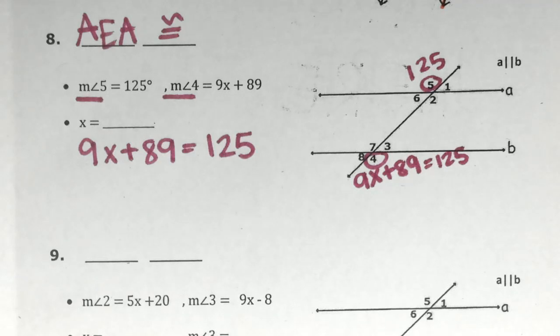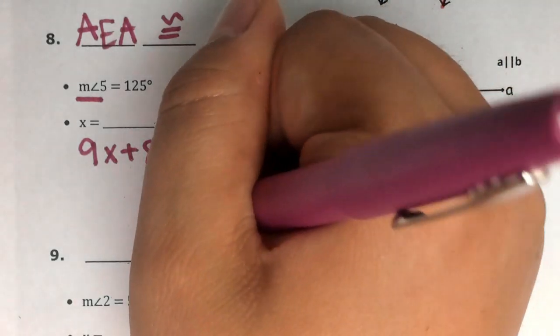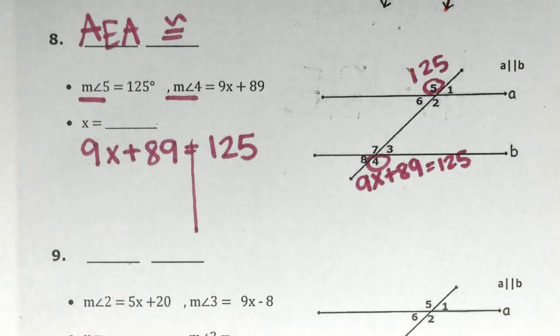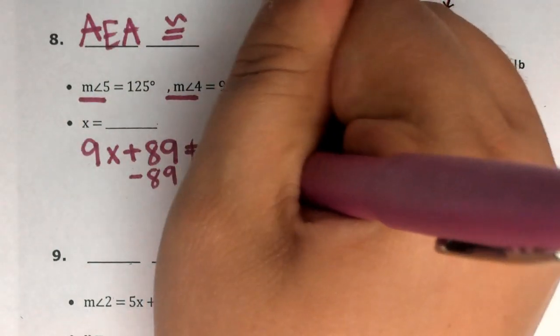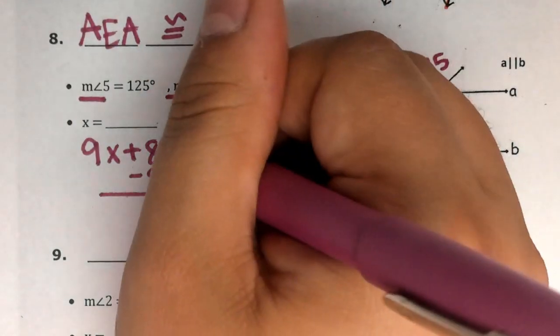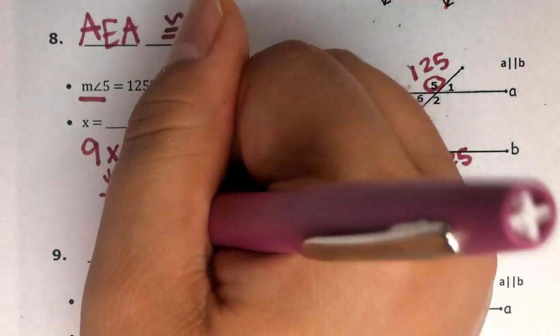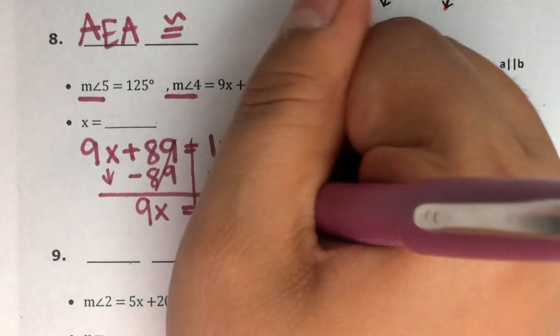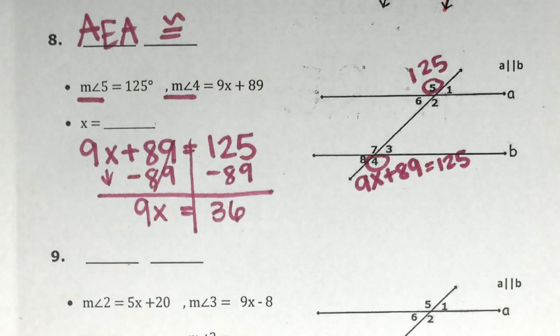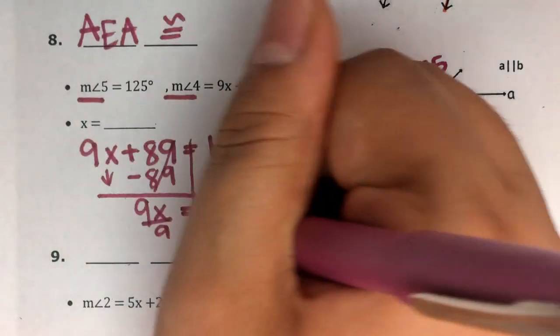How do we solve this? What do I do? Get rid of your side chick, subtract the 89. That's 36. And then what? Divide by 9.